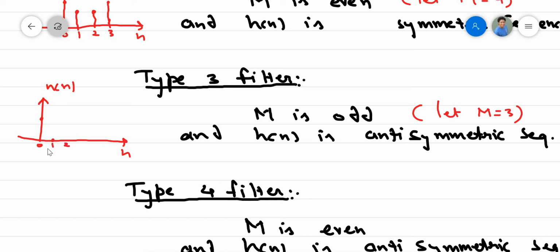So at 1 it should be a 0, and at 2 it should be equal to this particular point. So this is type 3 filter with anti-symmetric sequence for M equals 3. And please note that this particular center point has to be 0 to make this sequence anti-symmetric.